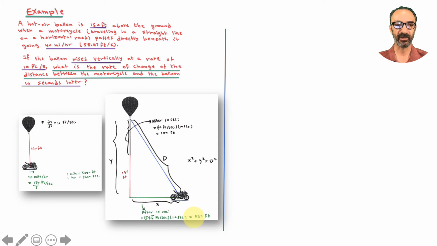So it's about 587 feet. Now, this balloon is rising at 10 feet per second, and after 10 seconds you multiply that by 10, so it's going to cover 100 feet. So the total distance at that moment is up 150 plus 100, which is 250. So we have 250 here, we have 587.